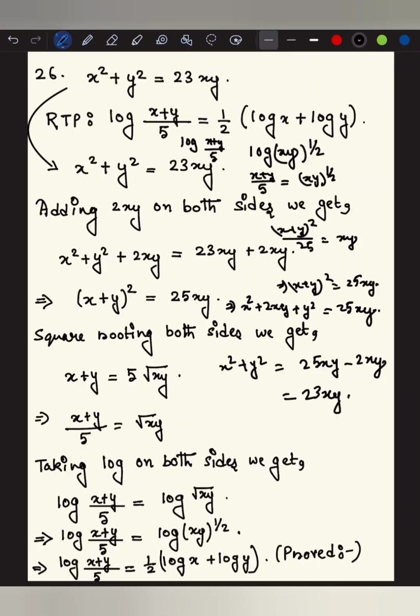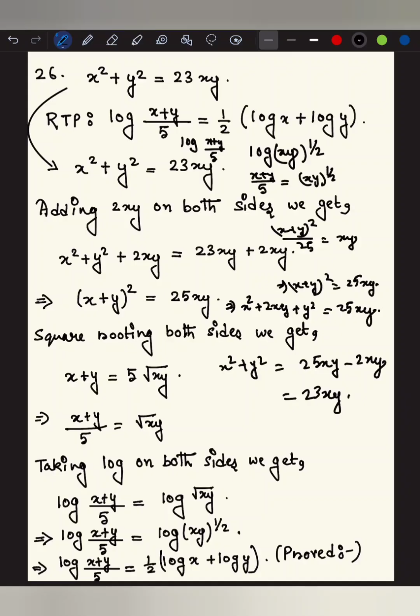So what we need to do is just backtrace it. See here, 23xy is given, so we need to add 2xy to both sides. That is what I have done. I am adding 2xy on both sides, we get x square plus y square plus 2xy.